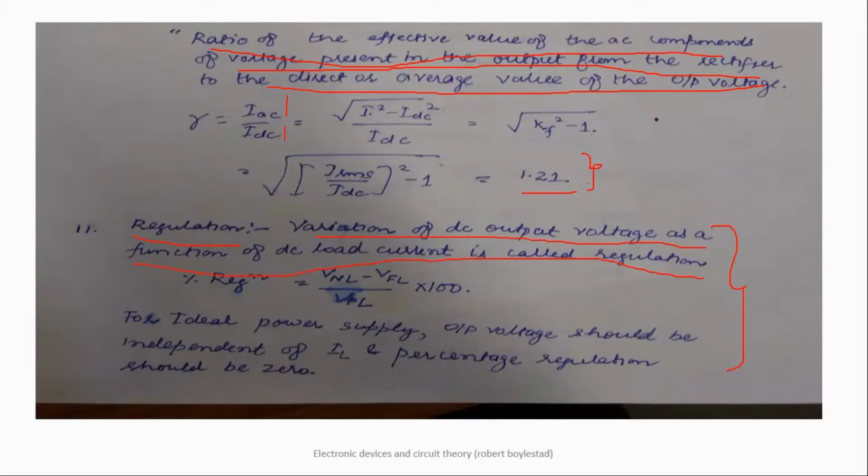That means if this is a rectifier and you are not putting any load across it, you measure the voltage, and in the next condition you put a full load. So no load minus full load over full load into 100 gives you percentage. For an ideal power supply, output voltage should be independent of load and percentage regulation should be 0. Normally no load minus full load is 0, so percentage regulation should be 0, but that is not the case. We do have some percent of regulation.